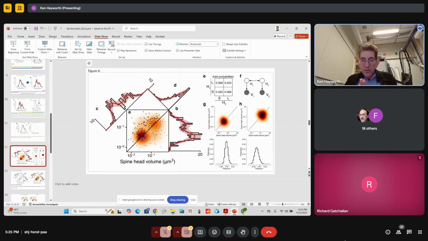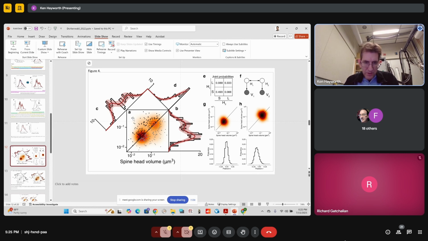Their last key figure is really a replotting of this as a grand summary. They take all of the dual synapses and plot each of those as a point in this space.